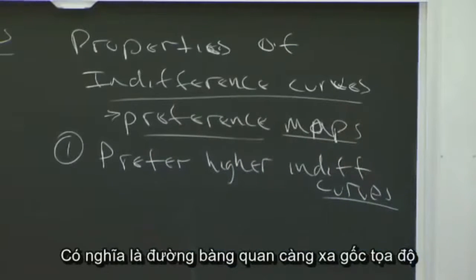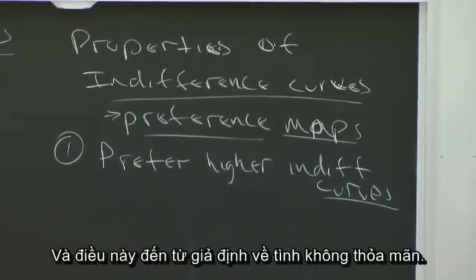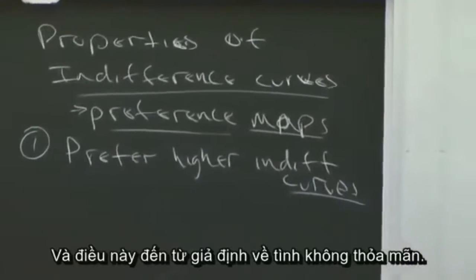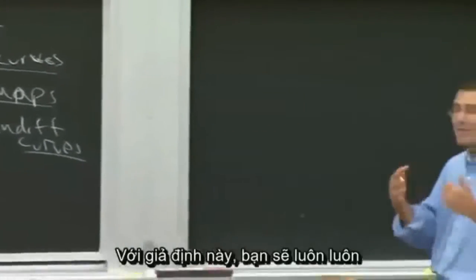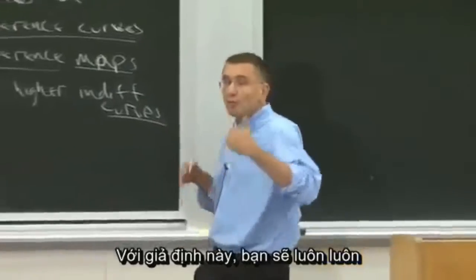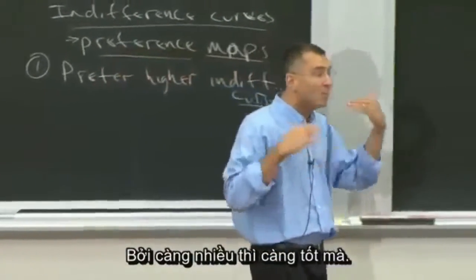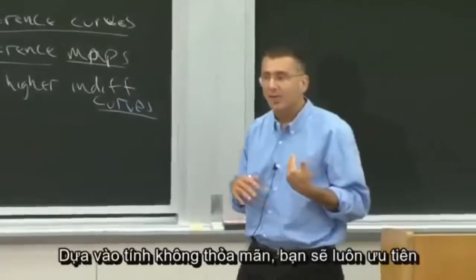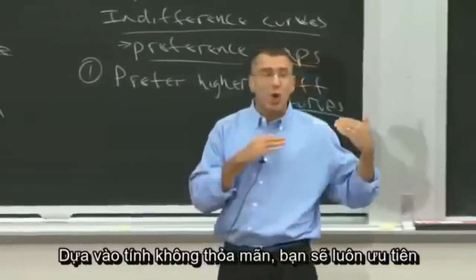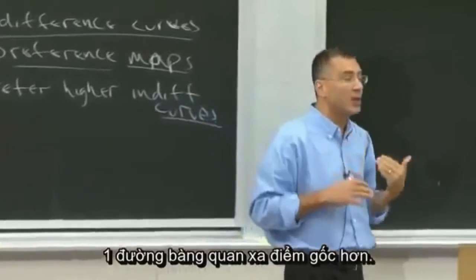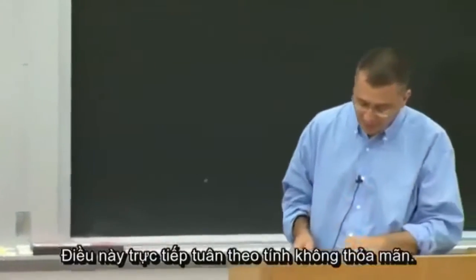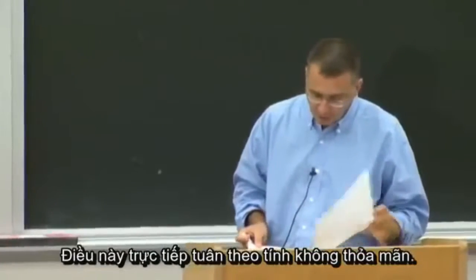What I mean by that is the further out is the indifference curve, the more you prefer it. And this comes naturally from the non-satiation assumption. Given that we've assumed non-satiation, you must always prefer an indifference curve that's further from the origin, because it's more, and more is better. That follows directly from non-satiation.